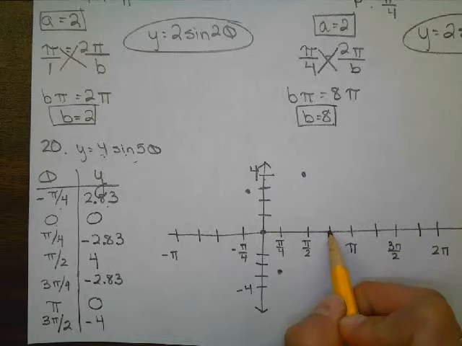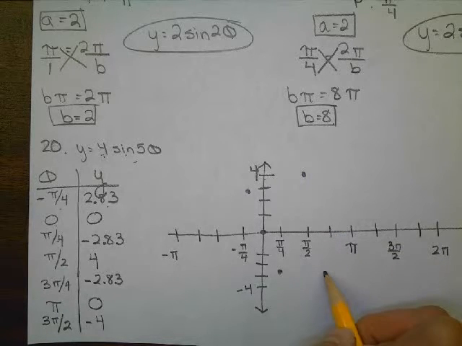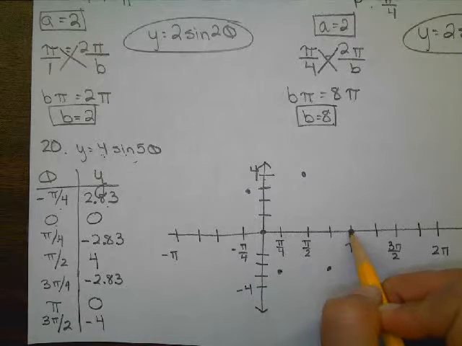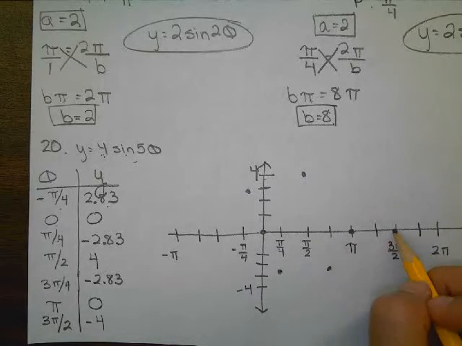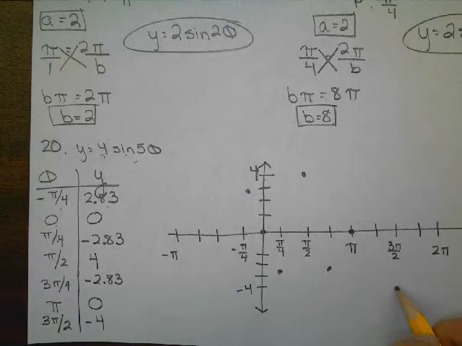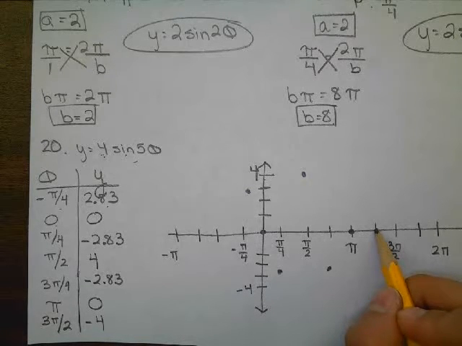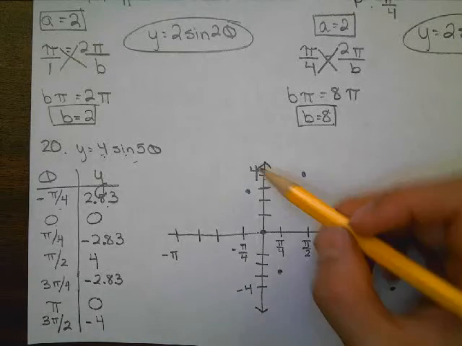So here's 3 pi over 4. So down here, pi is at 0, and 3 pi over 2 is at negative 4. Notice I skipped one here, so I'll have to make sure I account for that when I graph this.